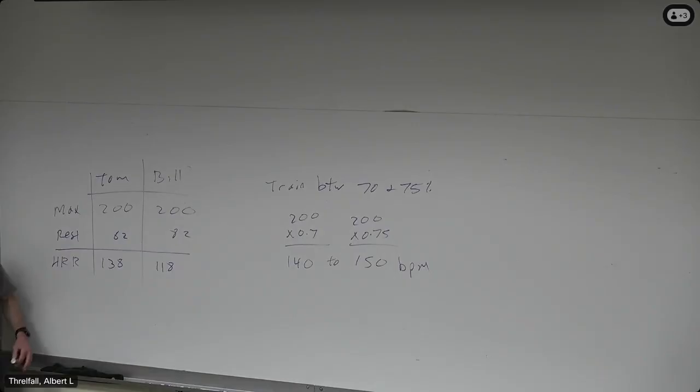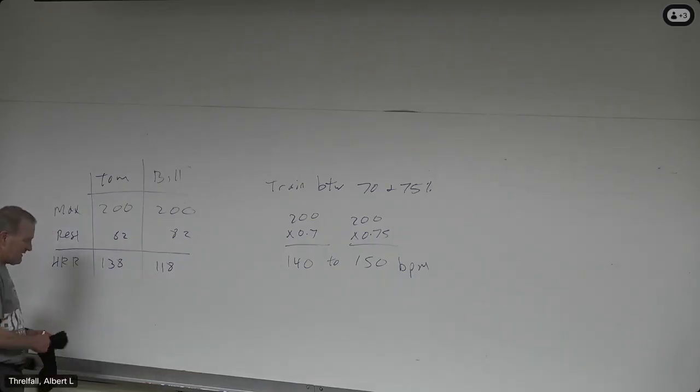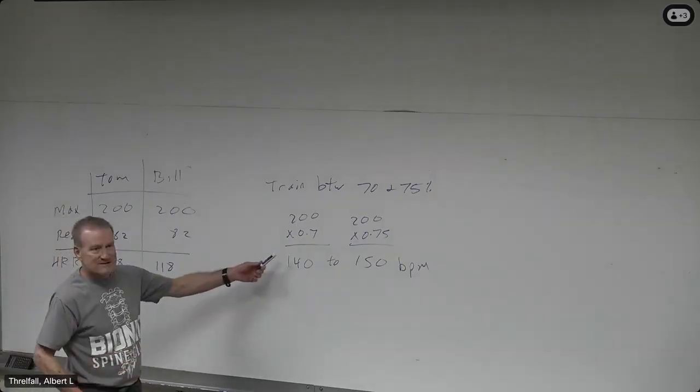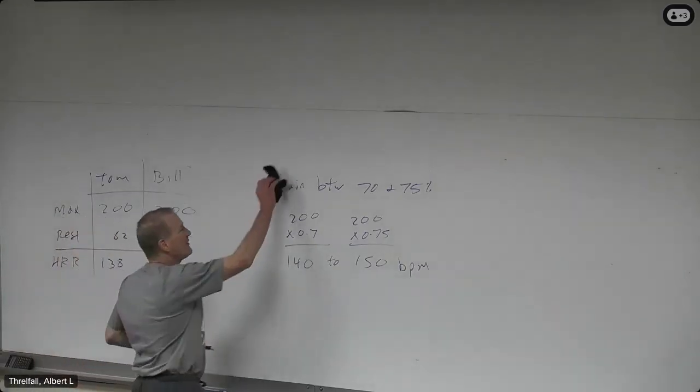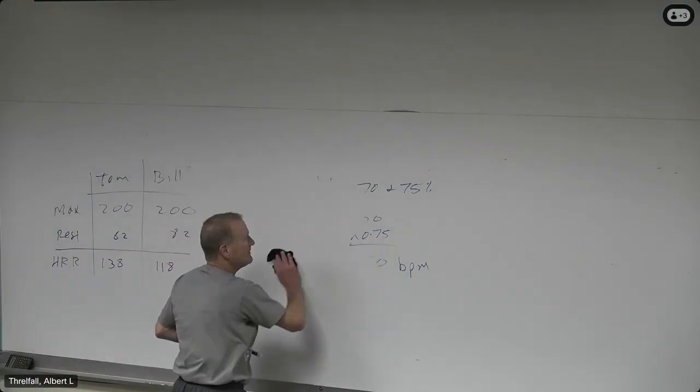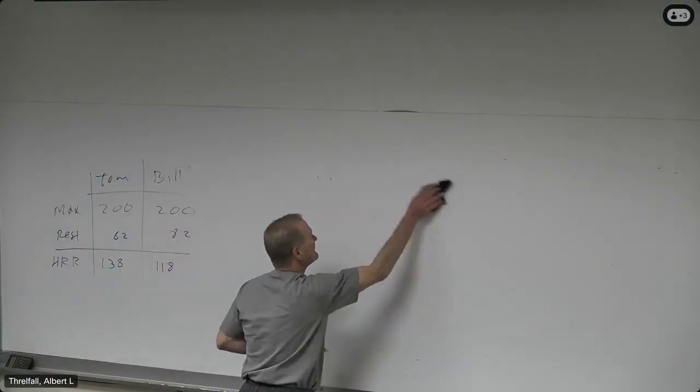So Tom can move 138 points from a state of rest to a state of maximum exertion. Bill can move only 118. So how can it be as simple, that is calculating your aerobic zone, as taking 70% of the maximum heart rate? It's not that simple. It's still simple, but it's not quite that simple.